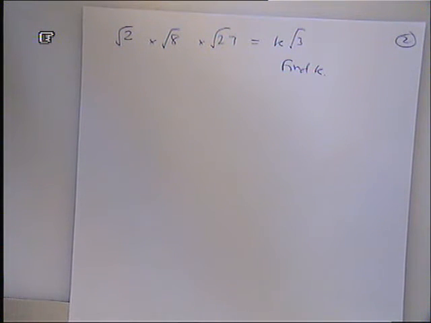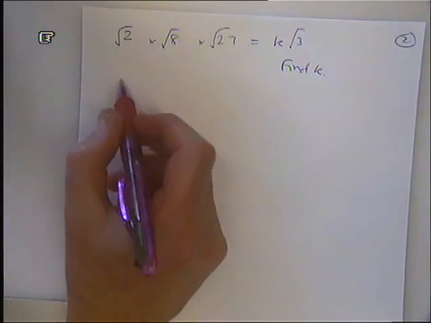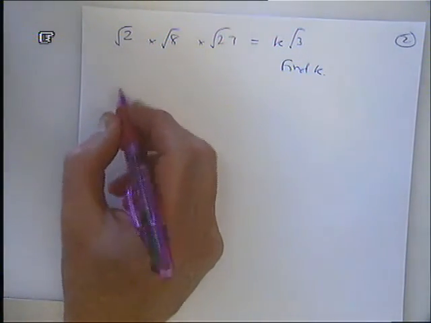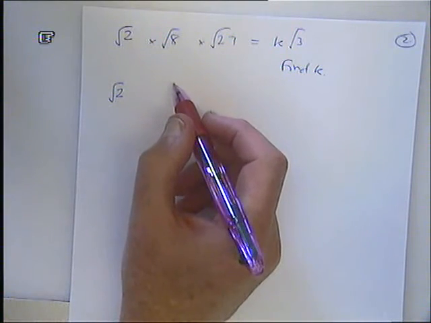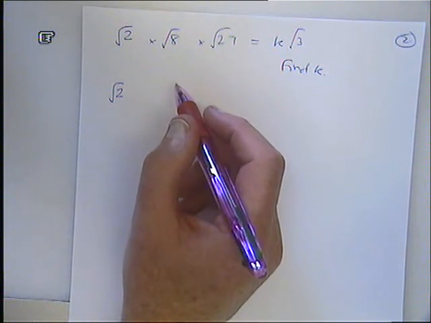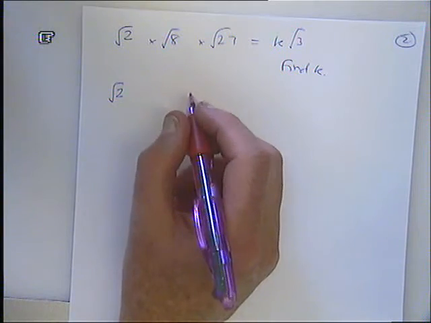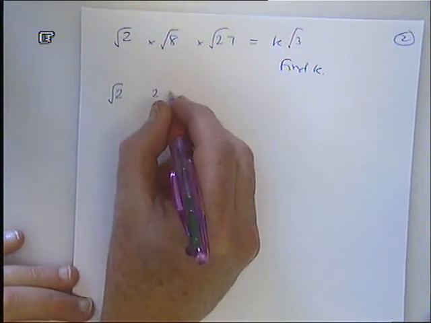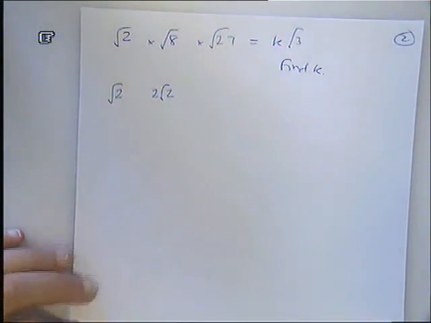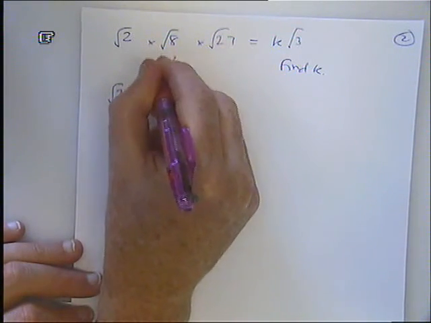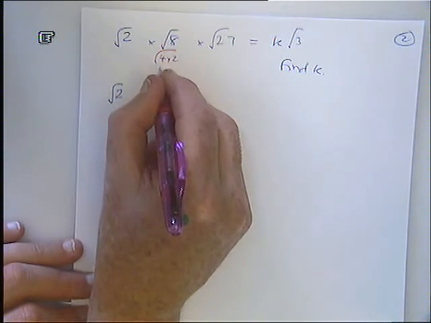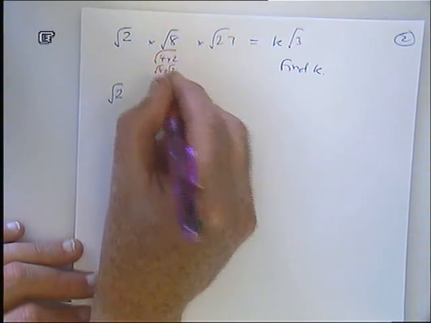Okay. Right. Root 2. Can we do anything to root 2? No. Okay. So that's going to be root 2. Root 8 is 2 root 2. If you can remember that root 8 is 2 root 2, that is a useful one to remember. We did that last lesson. It comes from the square root of 4 times 2, the square root of 4 times the square root of 2, so it's 2 root 2.